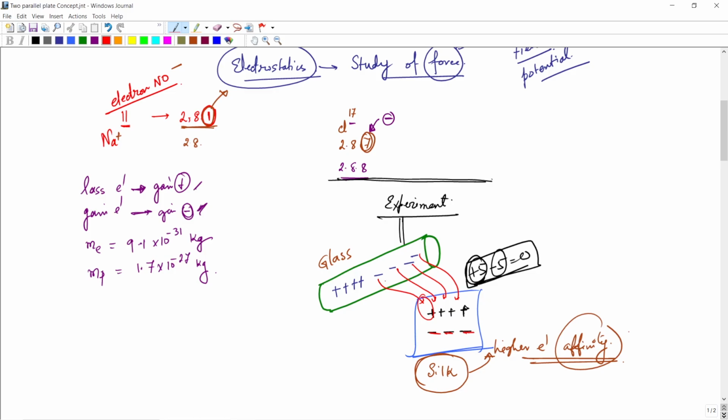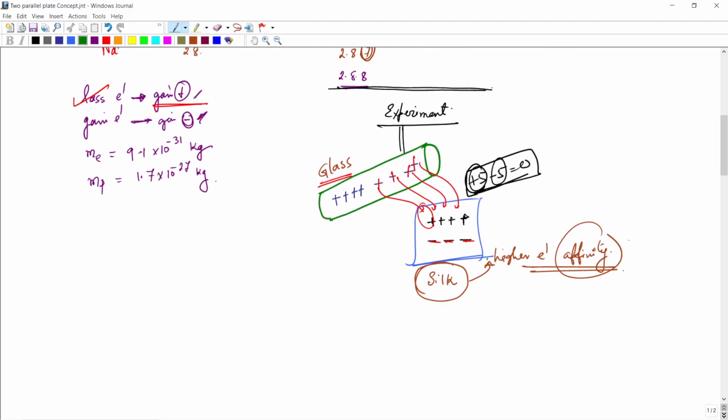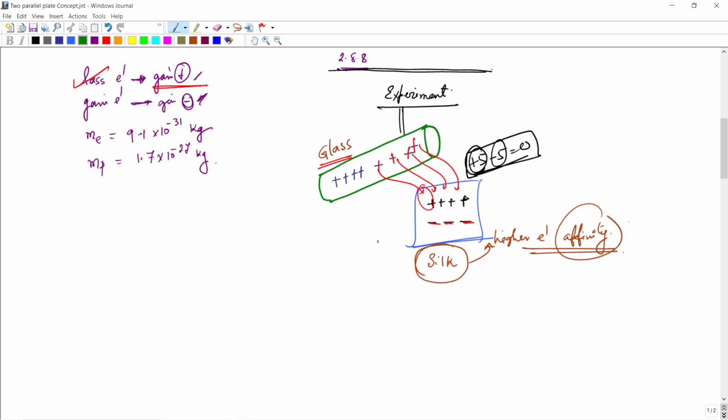Okay, the glass rod is the same concept. The glass rod loses electrons, so it gains positive charge. Since silk has higher electron affinity than the glass rod, silk has more tendency to accept electrons. So after rubbing, the glass rod has only positive charge and the silk has only negative charge.